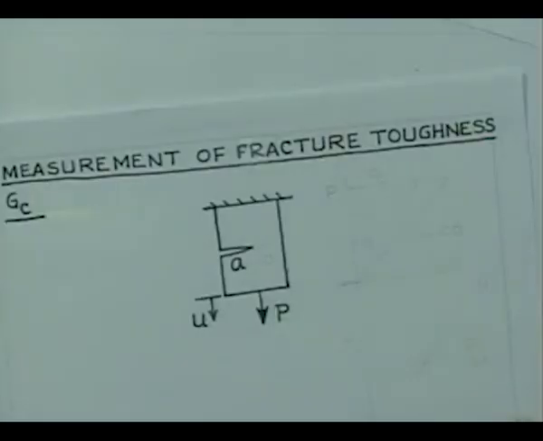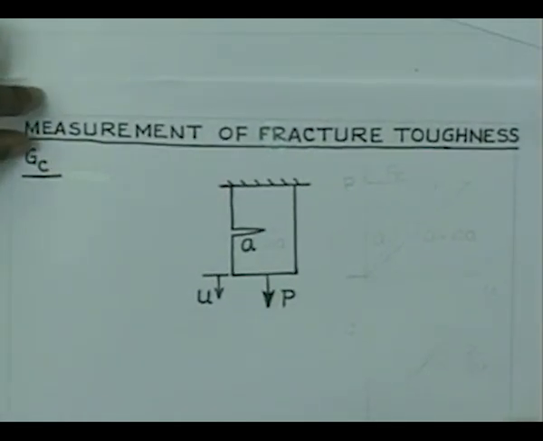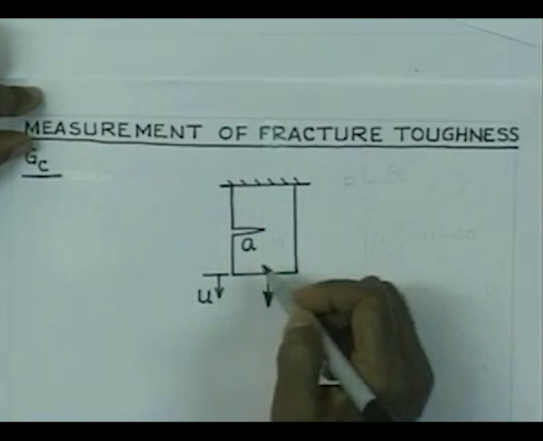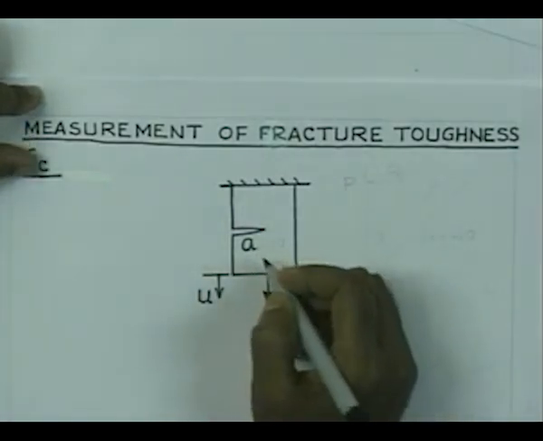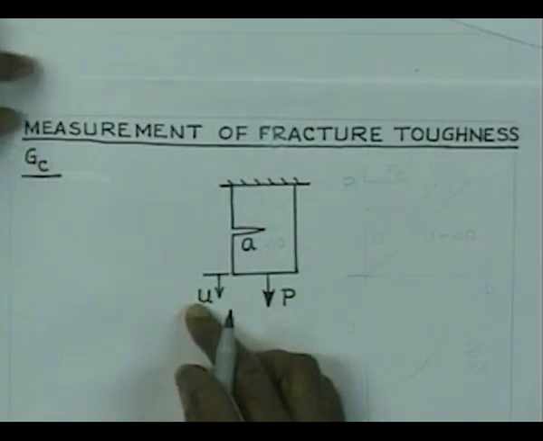One question which can come up: how do we go about determining this fracture resistance of the material? So, let us try to consider how do we get the fracture toughness of the material evaluated experimentally. For that, we consider a specimen of this type and we apply the load here and try to monitor the displacement.